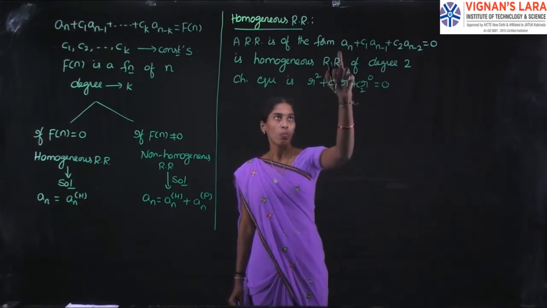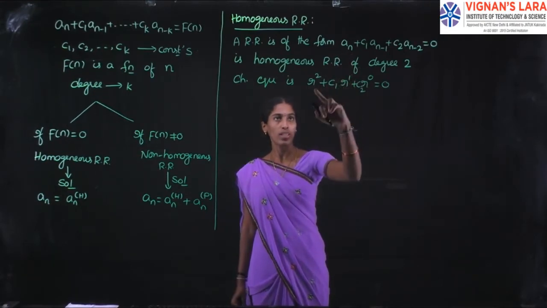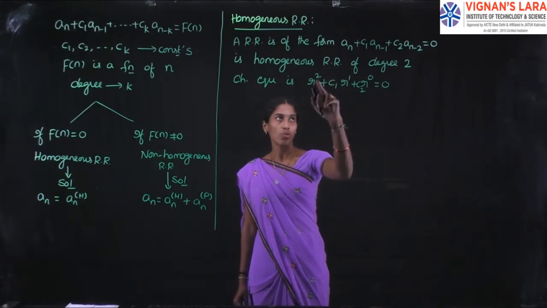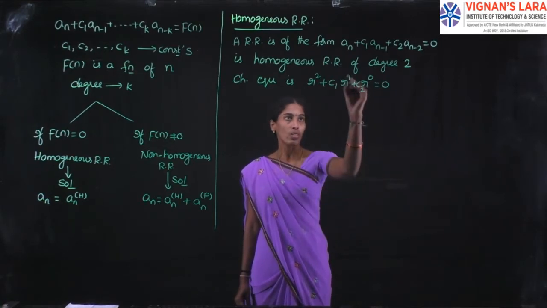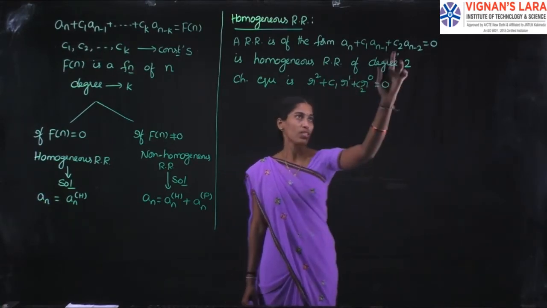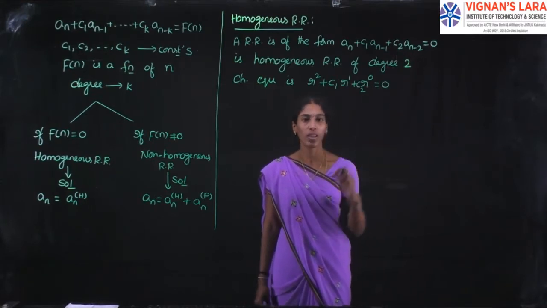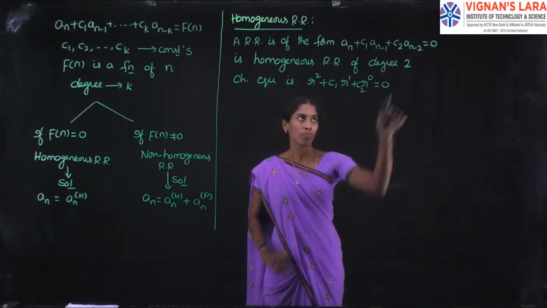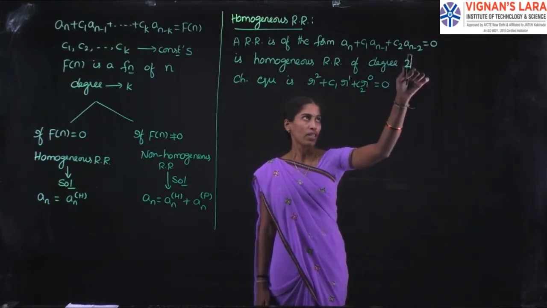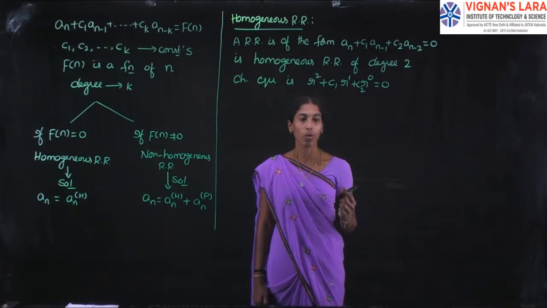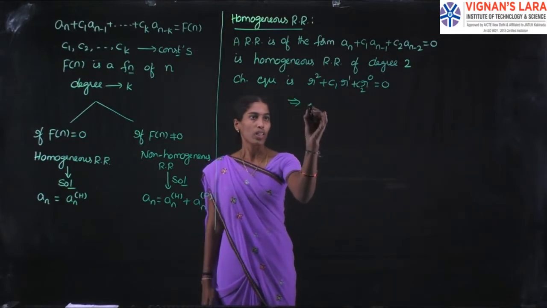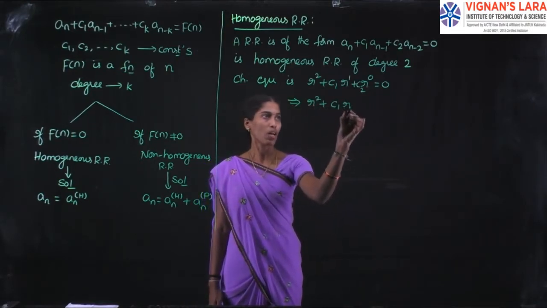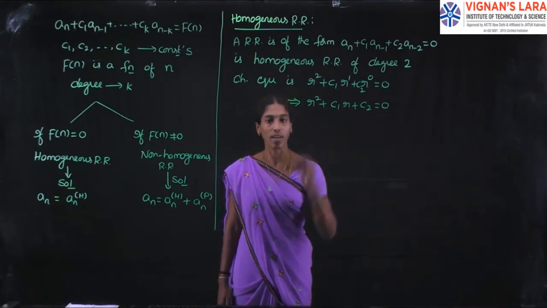In the place of a_n, put r^n, and instead of writing in the suffix, write in the power. So r^2 + c1 r^(2-1), which is r^1, + c2 r^(2-2), which is r^0. So r^2 + c1 r + c2 = 0 is the characteristic equation.